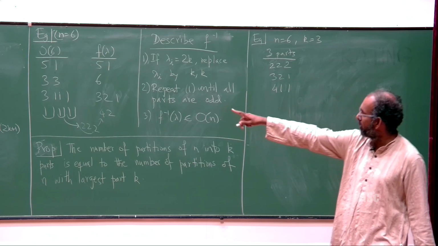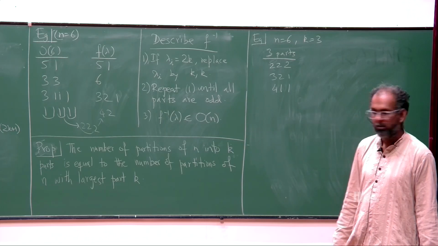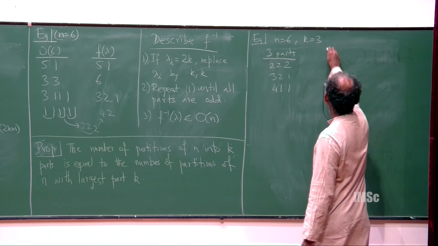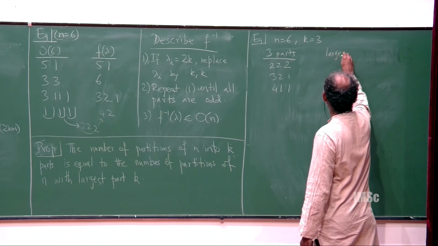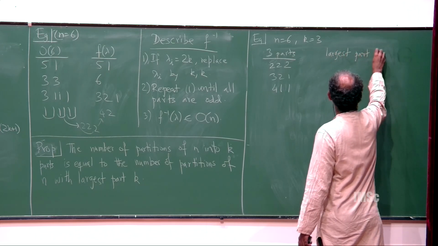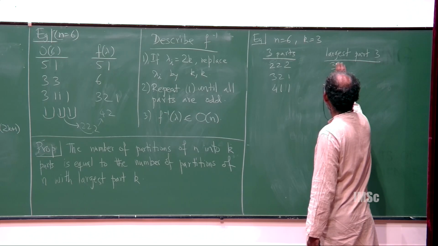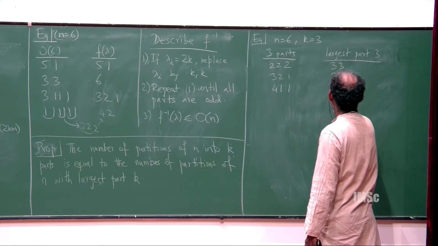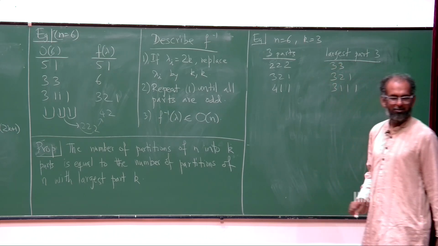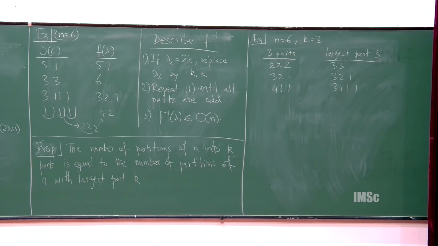Agree? These are all which have exactly 3 parts. And which are the partitions with largest part 3? 3, 3; 3, 2, 1; 3, 1, 1, 1. Okay, so the number is the same. What's going on?